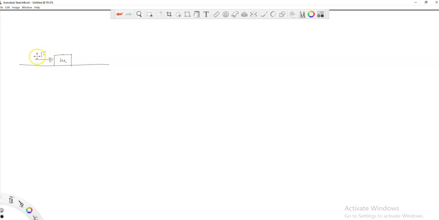So you are directly in contact with the object. If I draw a diagram with a person in the picture, here's a person trying to push this. Let's say pushing horizontally, right? Horizontal force. The person has to be in contact with the object to push.